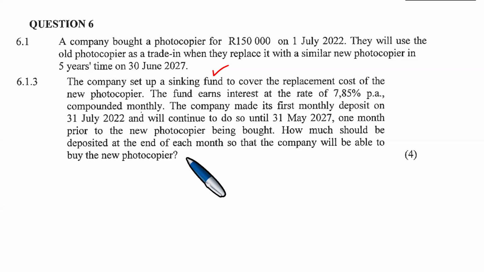So, sir, I'm thinking. This is a past matric paper. So what do you think the answer is going to be? So, sir, first we're gonna have to find the amount that we're gonna be covering.